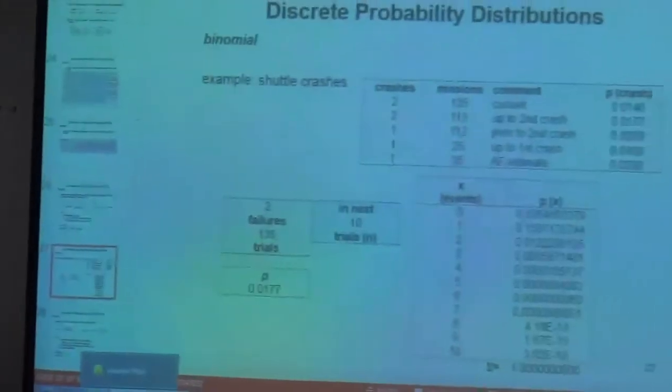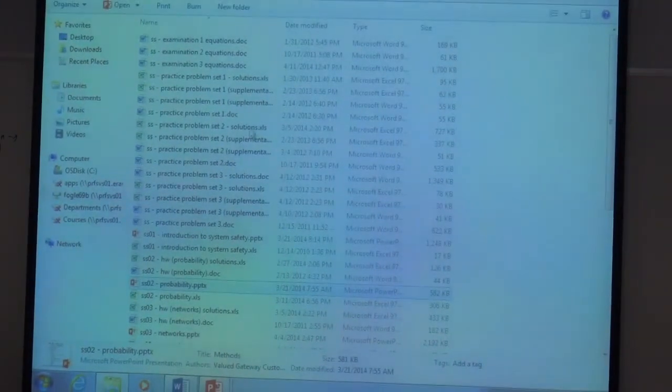Yeah. Other questions? Why don't you take a look, rather than letting this percolate for 2 weeks, let's take a look at the first practice problem set.